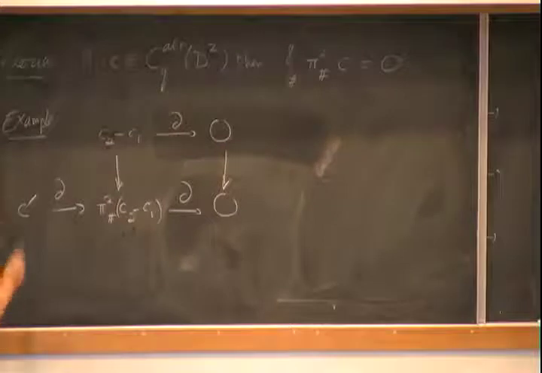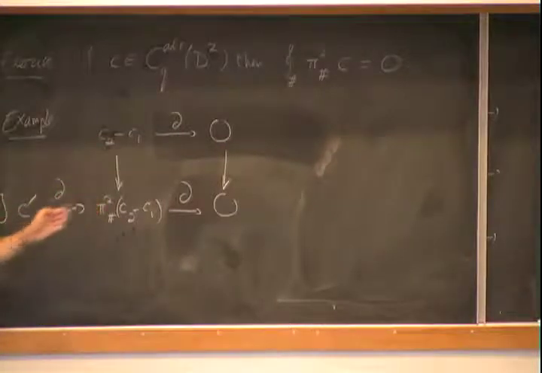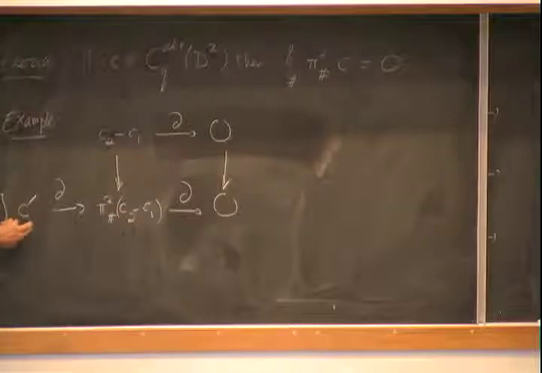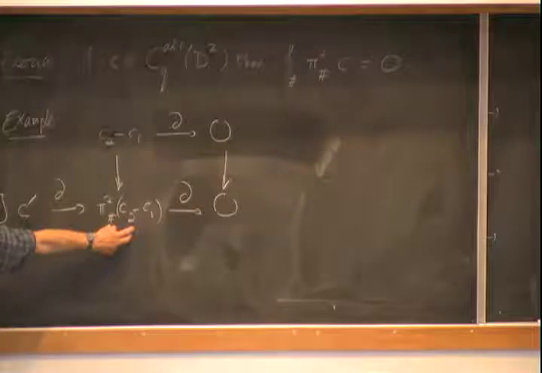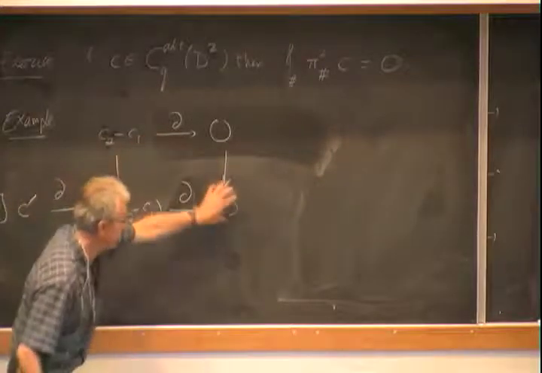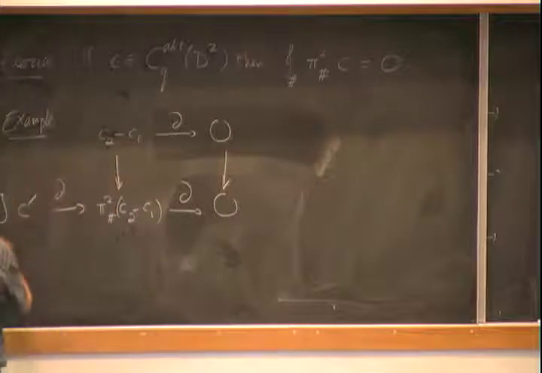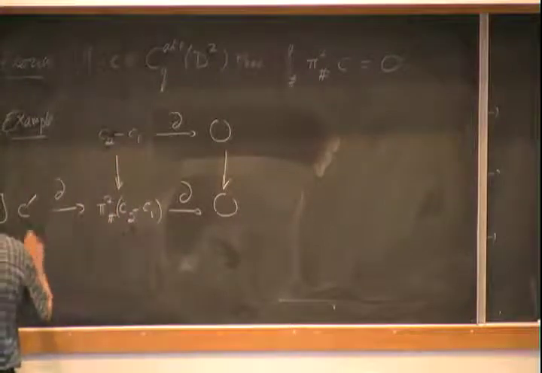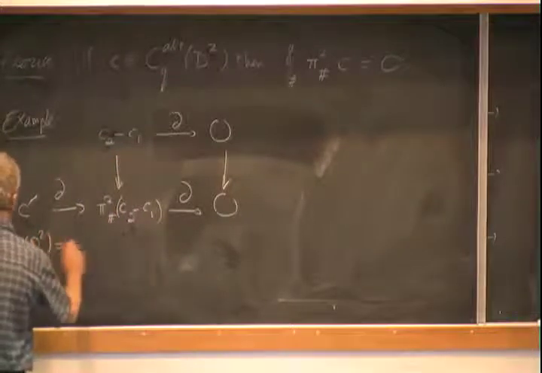There must exist a C prime mapping to delta. So this C prime must be a 2-chain. There must be a 2-chain on R2 whose boundary is pi 2 1 lower sharp of this alternating 1-chain. Because this alternating 1-chain goes to 0, so this exists as H1 of R2 is 0.